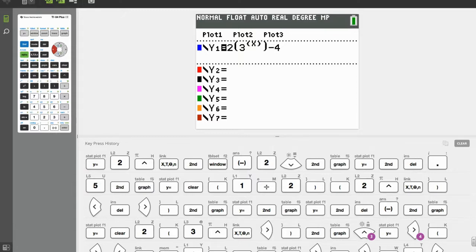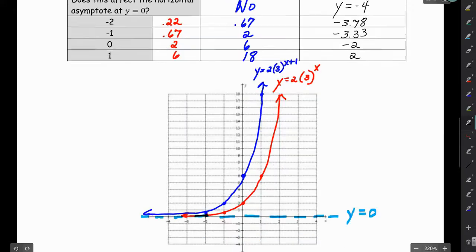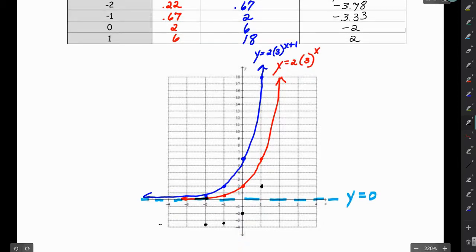We're not multiplying by negative 4. That's important. Go back to the table, second graph, and we'll copy in those values. Sketch the graph. And this time you can see that our asymptote has moved down to y equals negative 4.